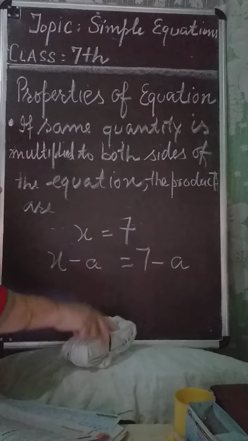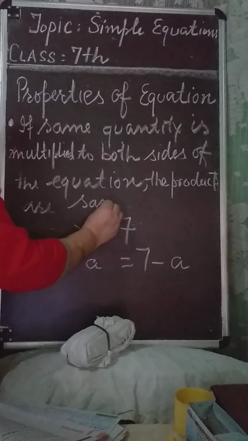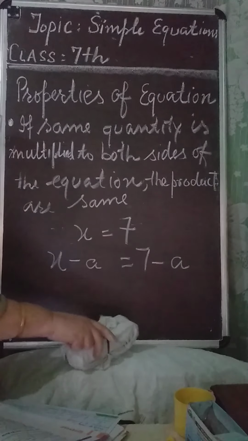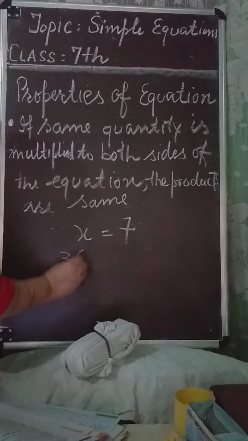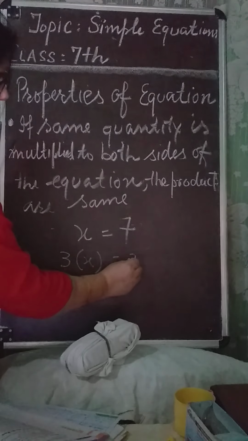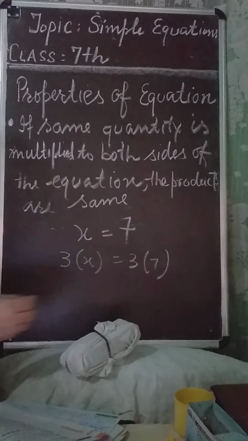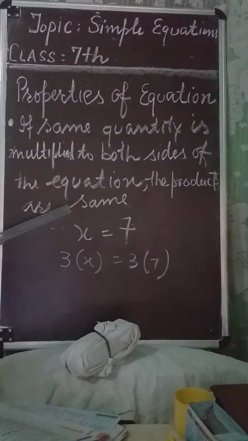What does this mean? This means that if I write x is equal to 7, and I multiply 3 here, 3 into x, and same here, 3 into 7, their product remains same.